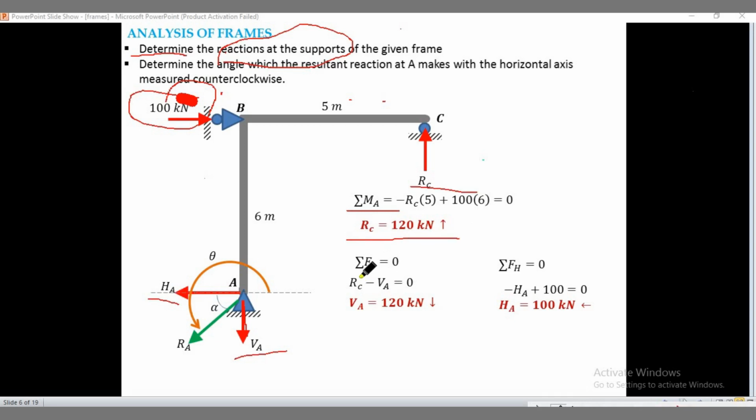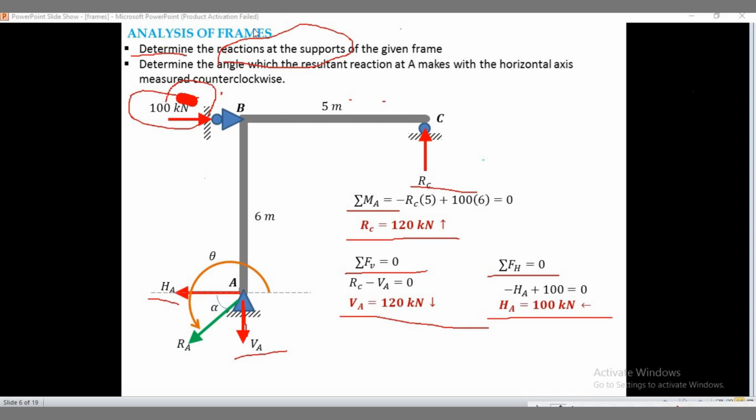If I take summation of moments at point V, my VA is equal to 120. If I take summation of forces along the horizontal axis, my HA is equal to 100. Huwag nyo munang papansinin itong RA. Yan. So, ang concern muna natin is si RC, HA, and VA.